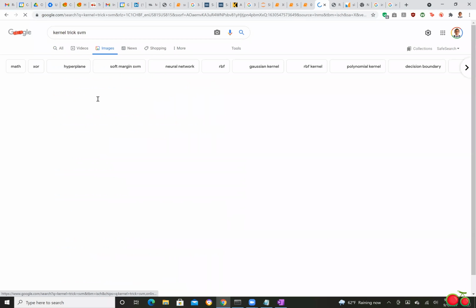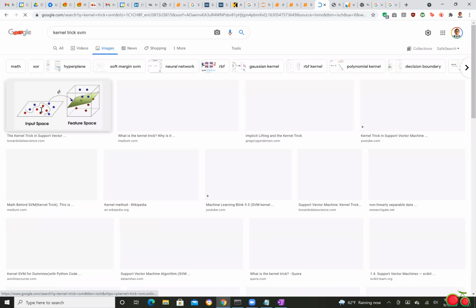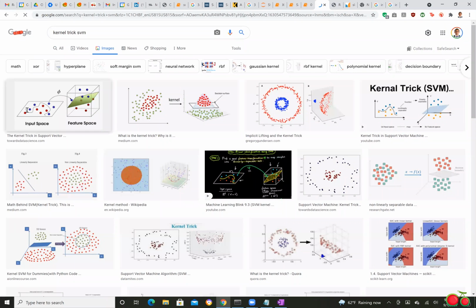Input space, feature space, right? So it looks like a two-dimensional space. If my input space is two-dimensional in nature, and there is overlap between my two different groups of points, I use a kernel trick to convert it into a three-dimensional space. If you look at these same points from above, disregarding the third dimension, which is height, they might look overlapped, but when you add another dimension, there is a way for you to separate these two groups out, and then you can draw a line to do that.